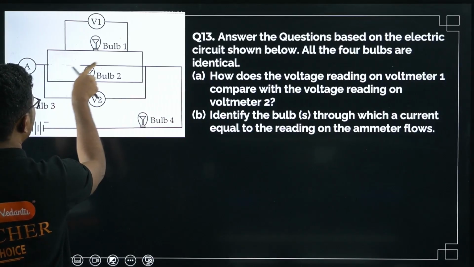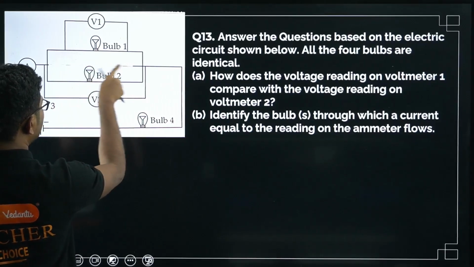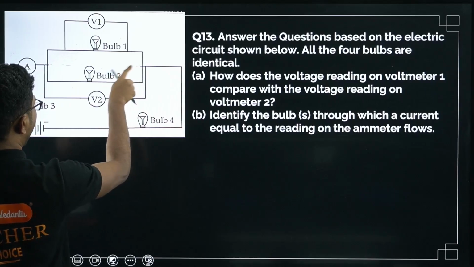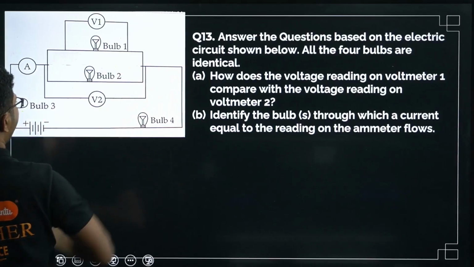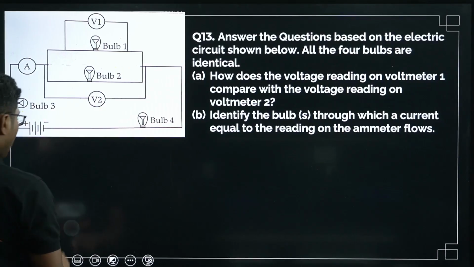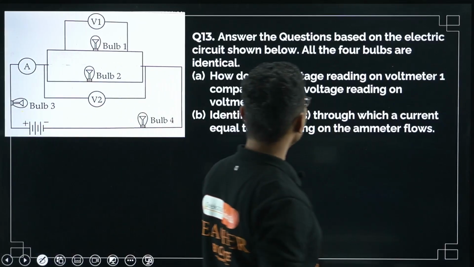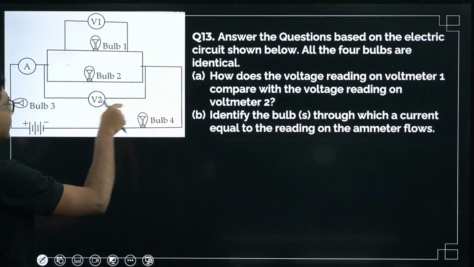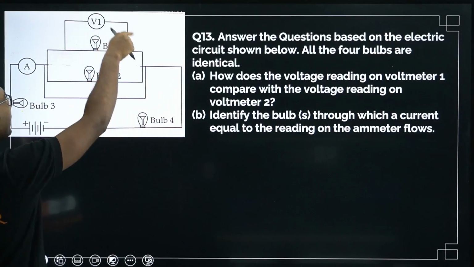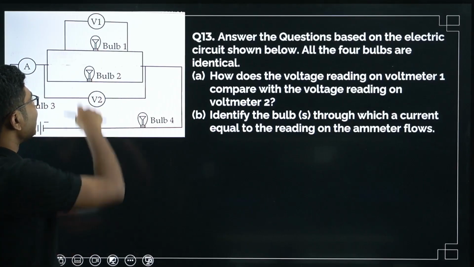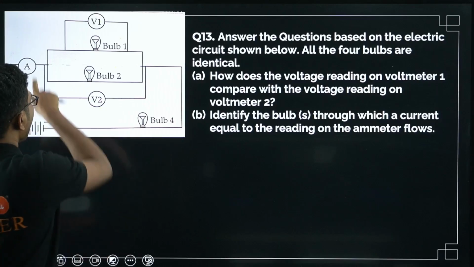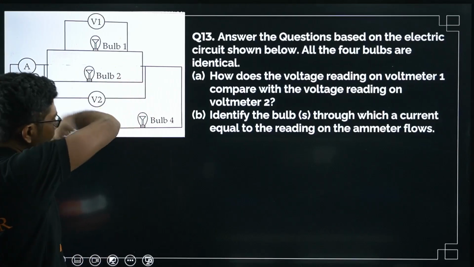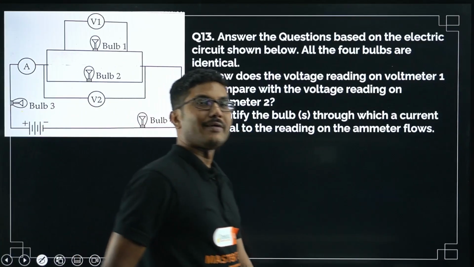There should be no connection, otherwise this question has no meaning. Now you might say this is connected directly across the bulb, whereas this is directly connected in the circuit, so they will have a different value.